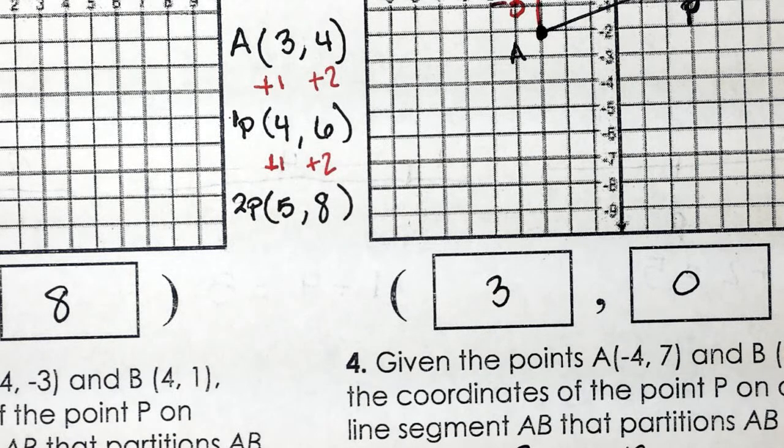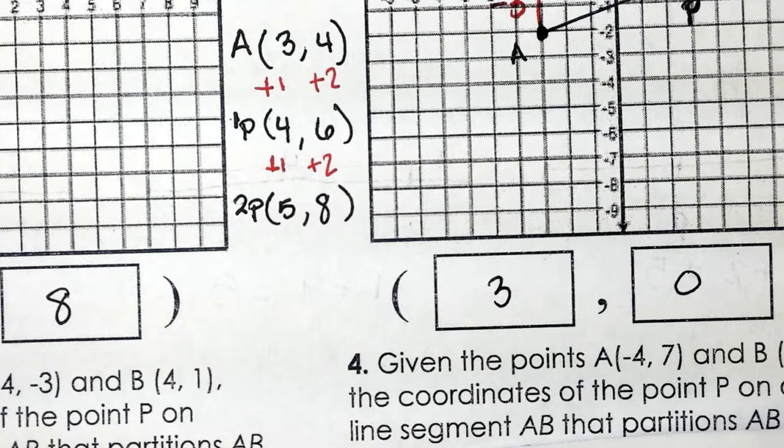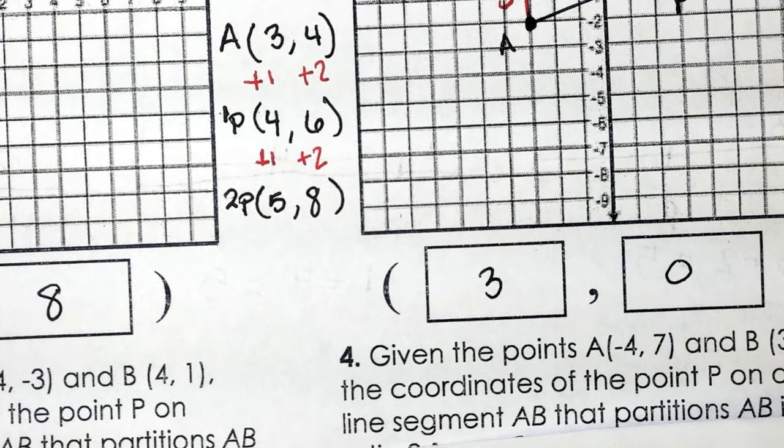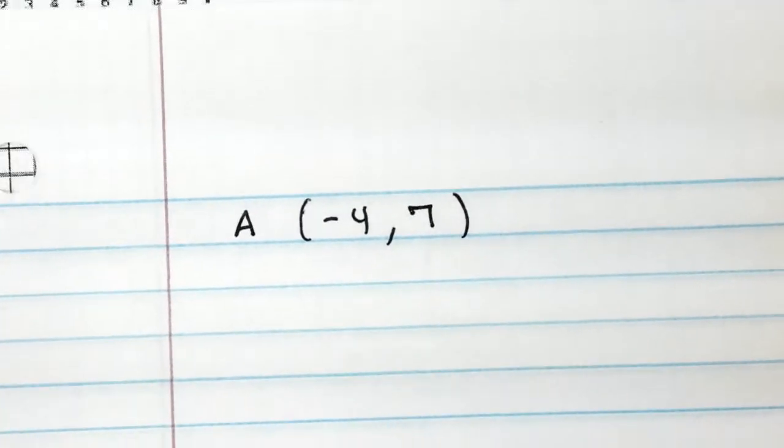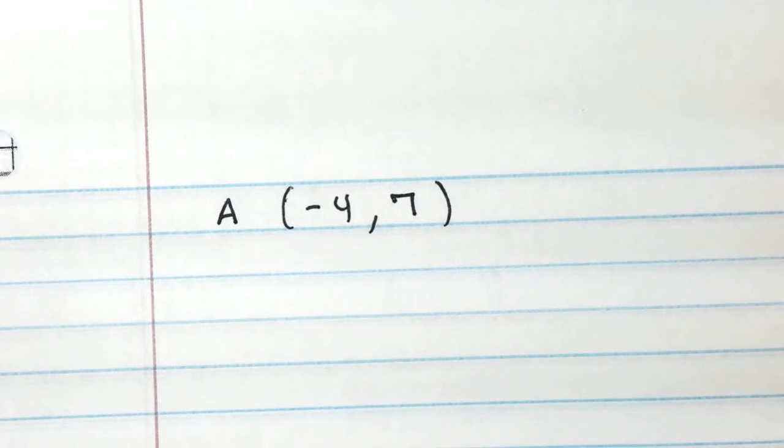And what they want? 2 to 1 split from A to B? Okay. So we're starting out with point A. Point A was at negative 4, comma 7.